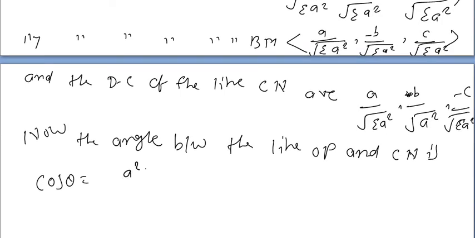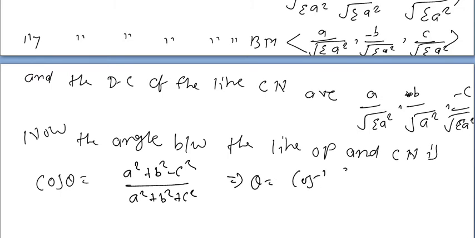So a square plus b square minus c square divided by a square plus b square plus c square. That is, theta is equal to cos inverse of a square plus b square minus c square divided by a square plus b square plus c square.